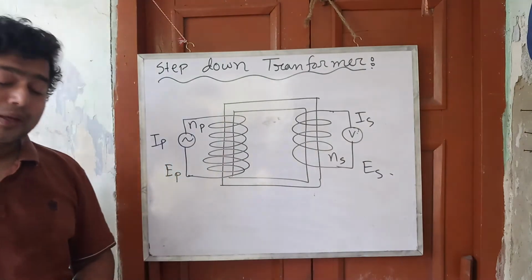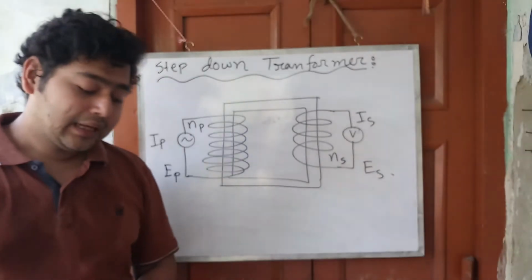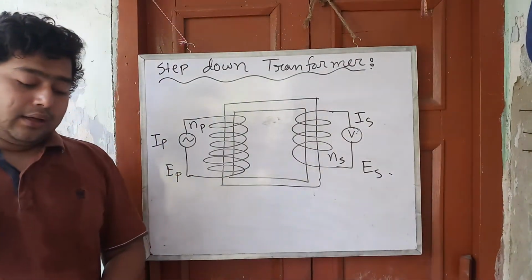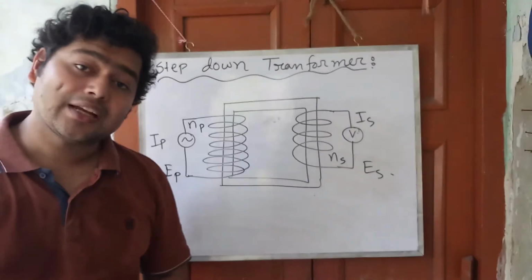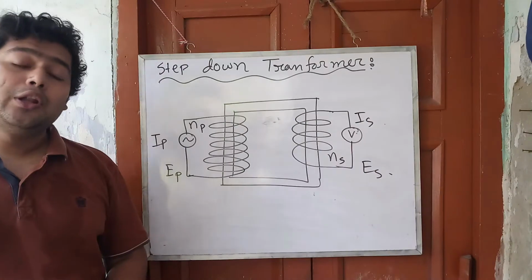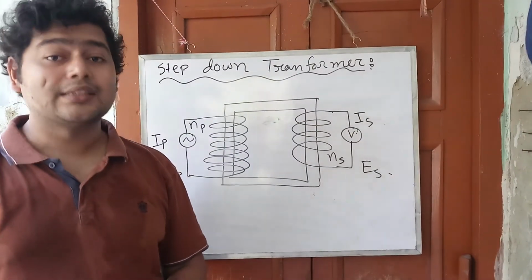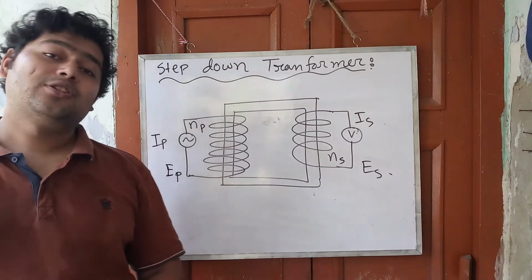I am repeating again, the transformer which changes high potential, low electric current into low potential, high electric current is known as a step-down transformer.